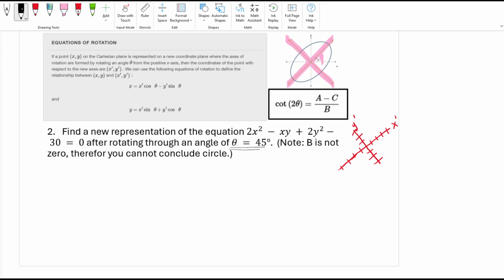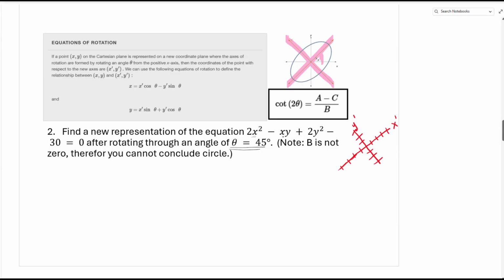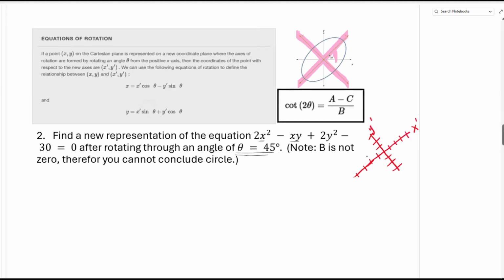Now our goal is to maybe rewrite this so that we don't have an xy term in it, which means we're going to write it so that everything is x prime or y prime, because it will be graphed and plotted using the red axes that I have sketched here. So here's how we're going to do that.